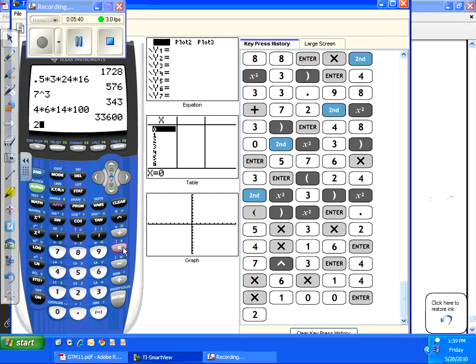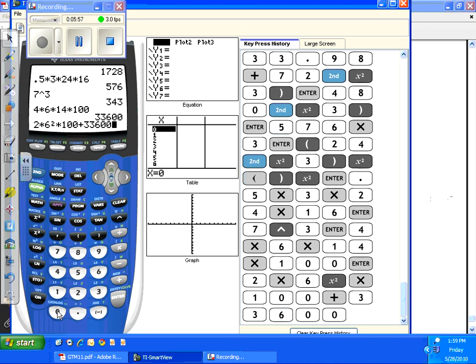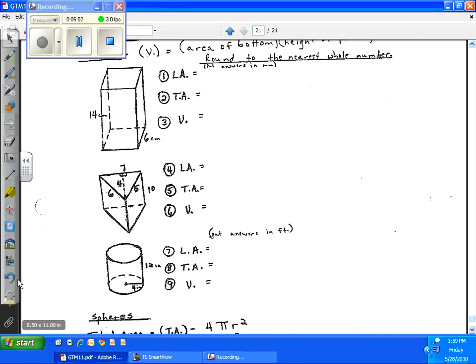That's the area of the top and bottom converted to square millimeters, plus the lateral area in square millimeters, which gives us the total surface area of 40,800 square millimeters.